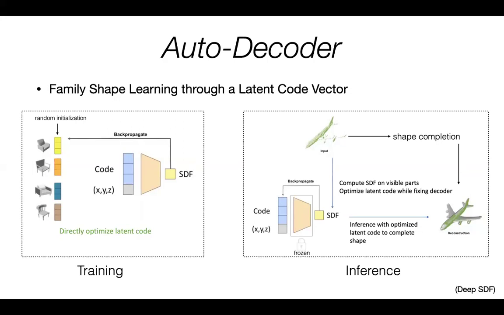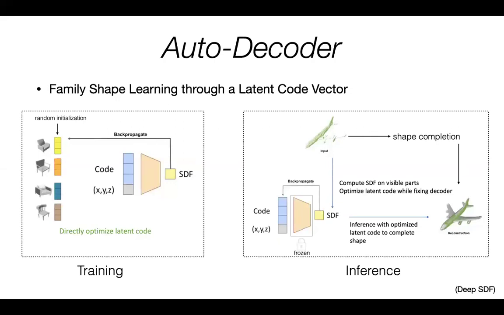For instance, for shape completion, you have some points of the shape, but not all of them. And in the first part, the network was already trained, right? So the weights of the network are frozen because the network was trained.